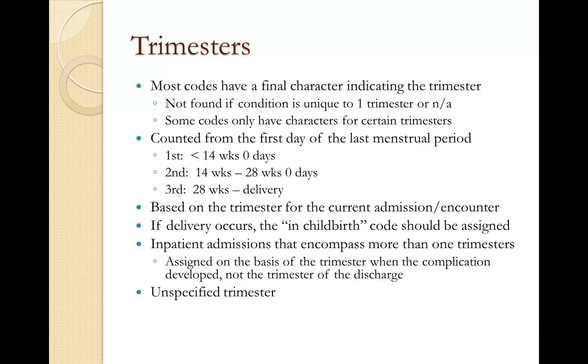I do quickly want to mention, I don't have this in the slides, but there are some seventh character extensions in the obstetrics chapter, and I think you'll see one of these on one of the practice questions. They have to do with multiple gestation pregnancies, twins or triplets or something like that. The seventh character extension will indicate which twin is being affected by that condition.